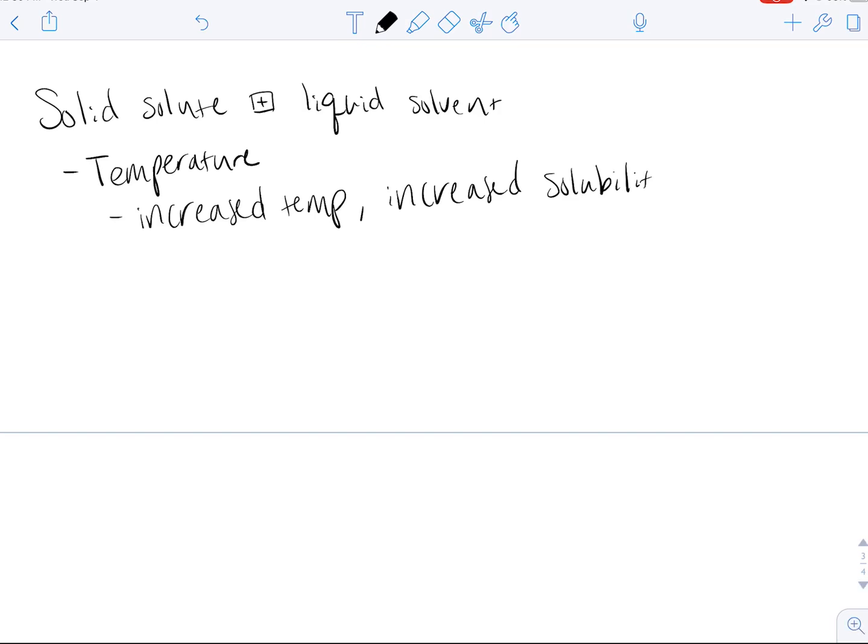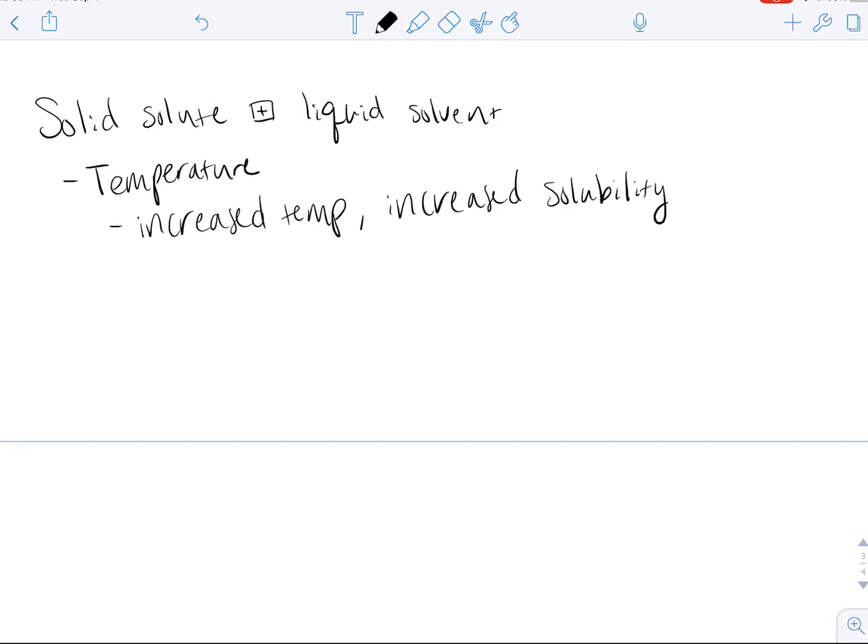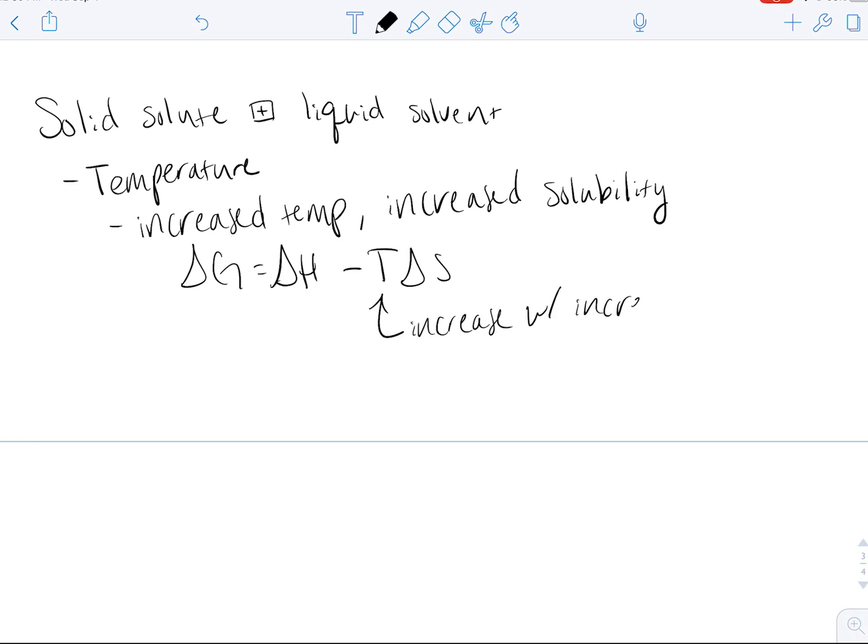We can look at this in terms of Gibbs free energy: delta G is equal to delta H minus T delta S. We can increase this term. As we increase our temperature, we increase our entropy term, which makes our Gibbs free energy more negative, which will increase our solubility.